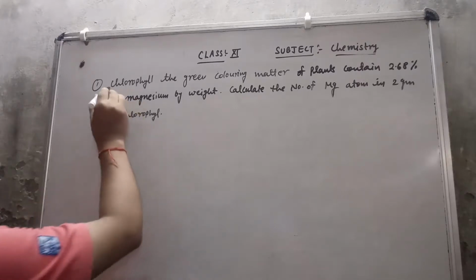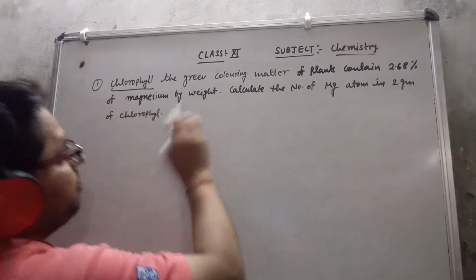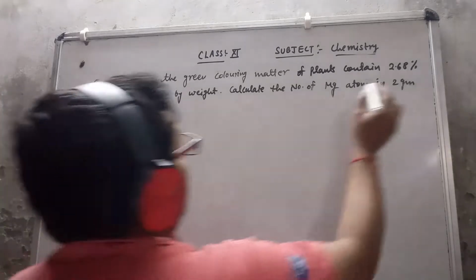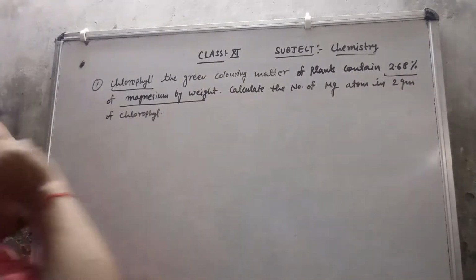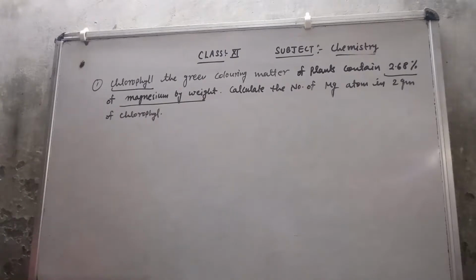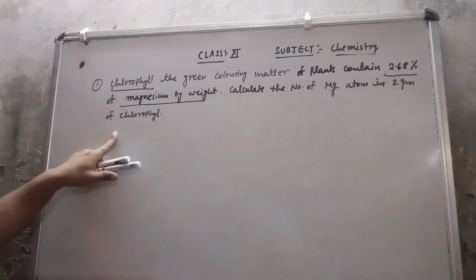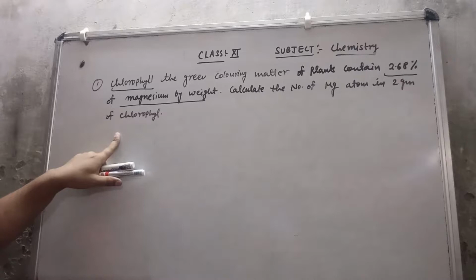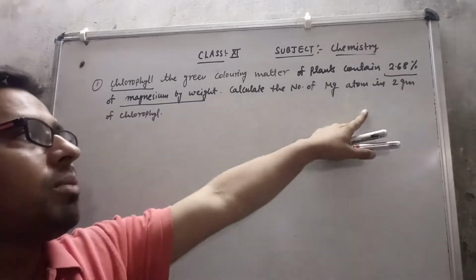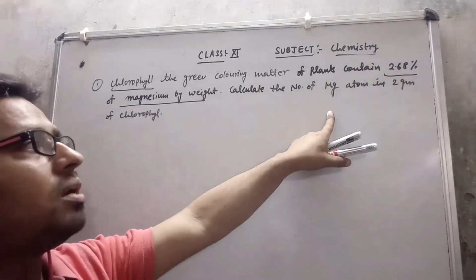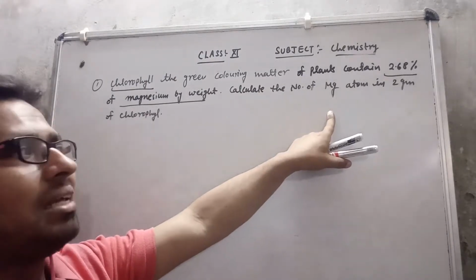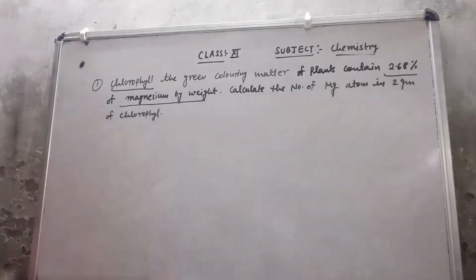Now what they are giving: chlorophyll we have, in the chlorophyll 2.68 gram of magnesium is available. So they are asking the magnesium atoms in 2 gram of chlorophyll. So first of all we should find out the mass of magnesium in 2 gram, because they are asking the magnesium atoms. So first we have to find out how much mass of magnesium is available in 2 gram of chlorophyll.